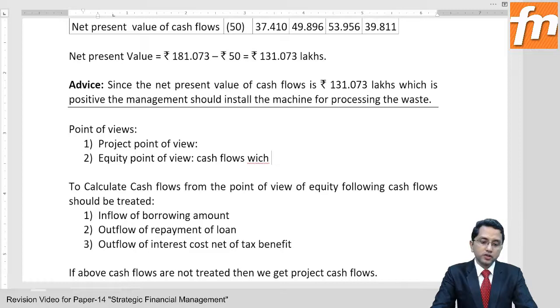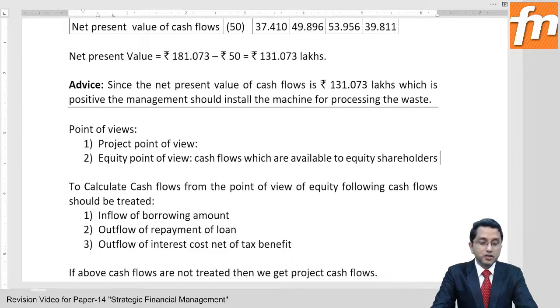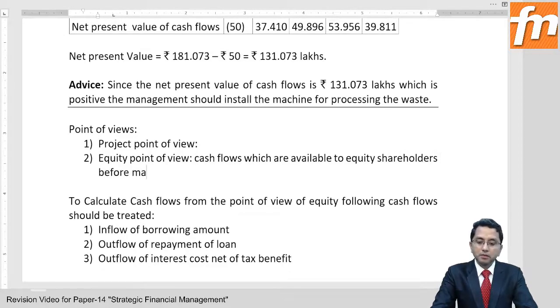Cash flows which are available to equity shareholders after making payment to other financiers.